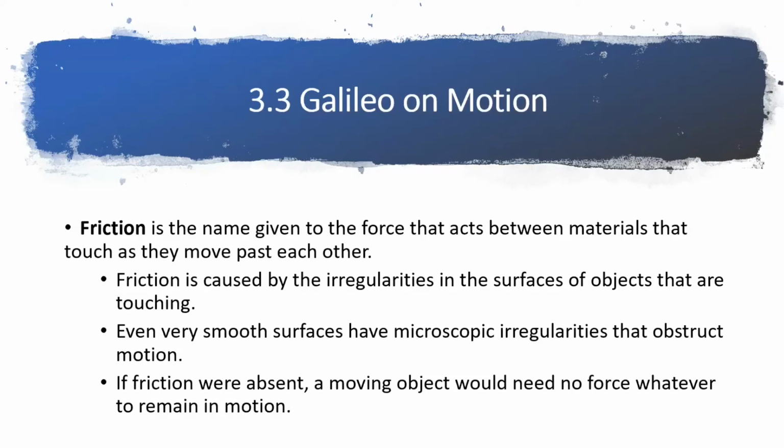Even though the table's smooth, and even though you might have a smooth object, as you slide the objects against each other, there are going to be some irregularities, at least some atoms rubbing against each other. And those atoms bumping against each other are going to create a resistive force. If there was no friction, a moving object would never need a force to remain in motion. In other words, if you rolled a ball on a frictionless surface, it would continue rolling indefinitely.